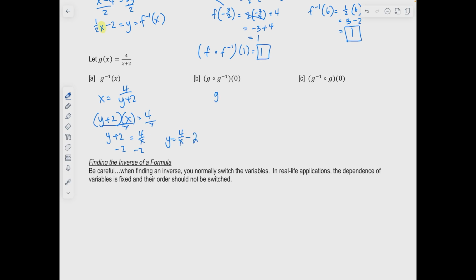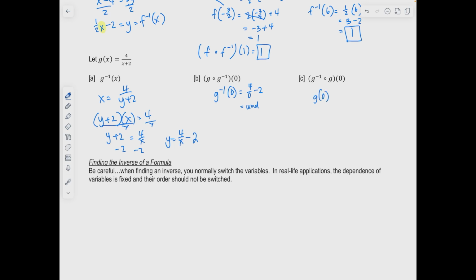Okay, I do g inverse of 0. So g inverse of 0, I am left with 4 over 0 minus 2. Okay, and then this is undefined. So because it's undefined, I can't do anything there.